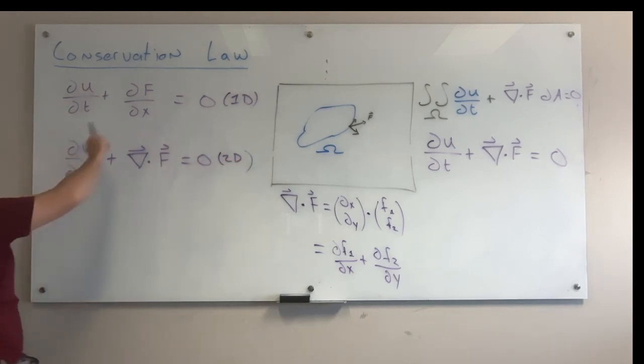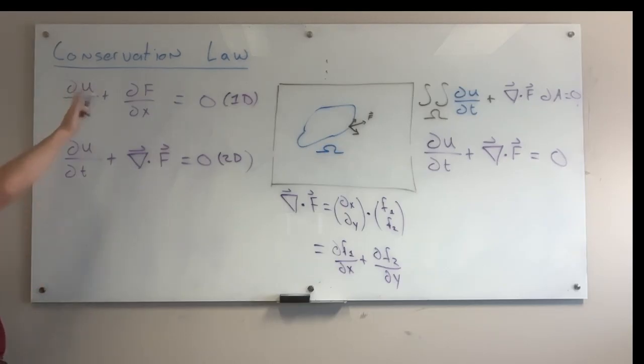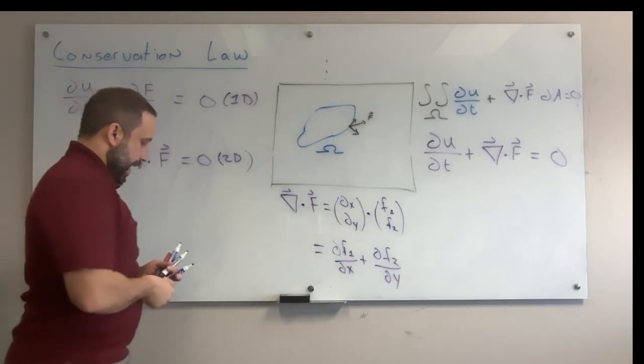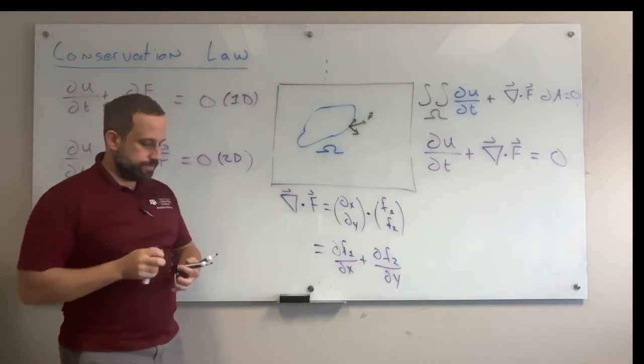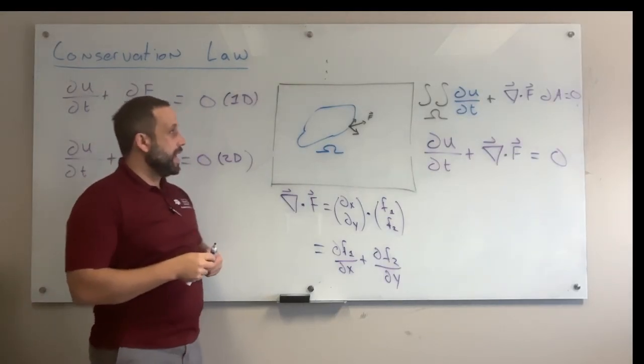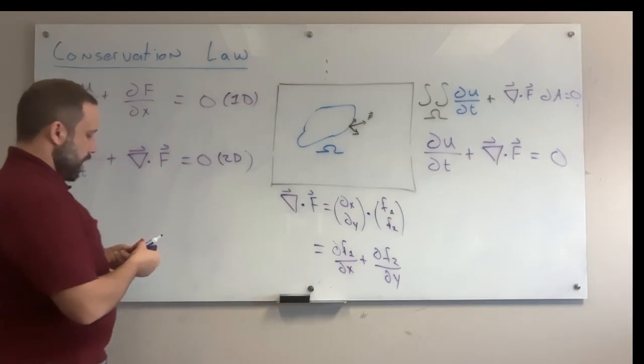And in fact, this is the n-dimensional version. If you're looking in three-dimensional space, f would be a three-dimensional vector. This would be the three-dimensional gradient vector as well, and so on and so forth. So this is really the n-dimensional case, but we're only going to be dealing in 1 and 2 dimensions for this class. And I just want to point out one other thing.